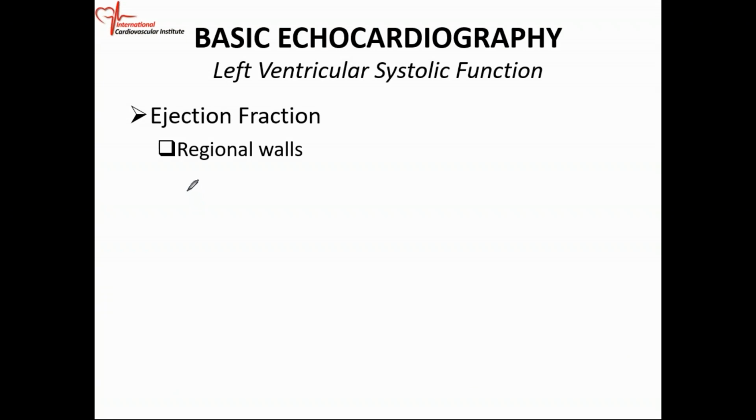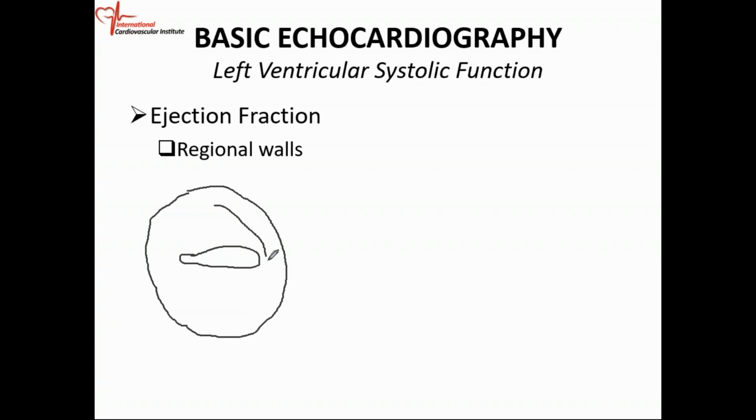So when we look at the LV cavity at the base, remember when we talk about the base, the mitral valve is at the base. So when we talk about the LV cavity at the base, the mitral valve is there, like that. So this is the LV cavity at the base.